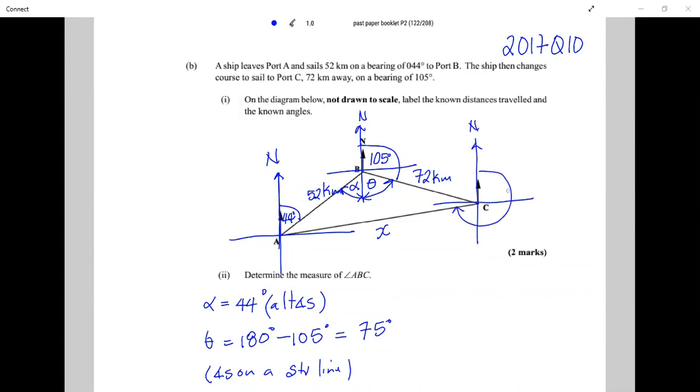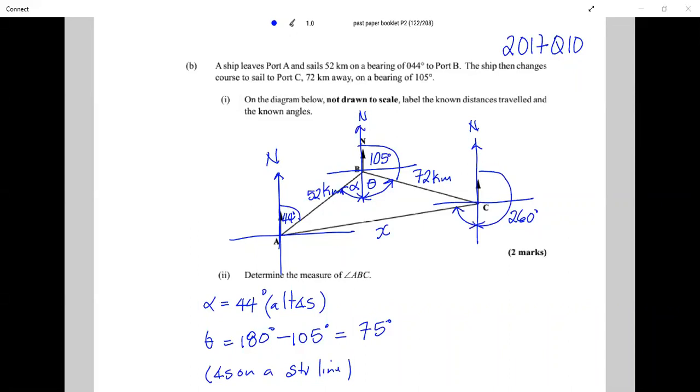We're asked to show that this angle here is 260 degrees. Half of it we already know to be 180. The piece we don't know is this piece.